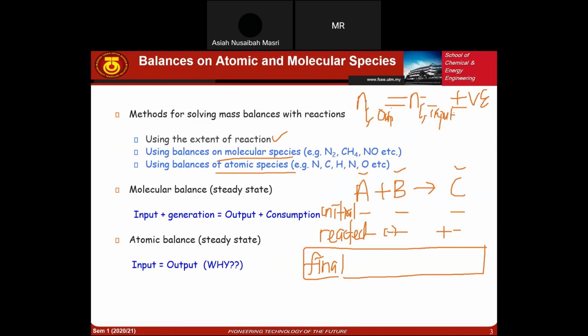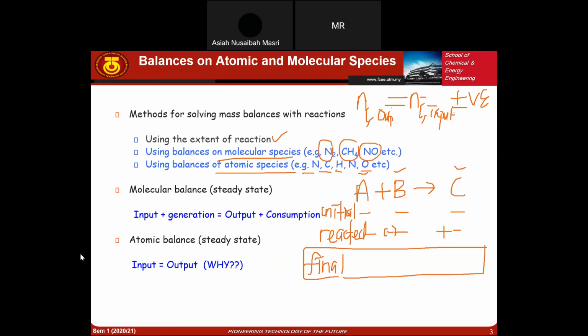That would be, for example, only N for nitrogen, C for carbon, H for hydrogen, and O for oxygen. And what is molecular species? Molecular species is basically a molecule or a compound, like here we have N2, we have methane, CH4, and we have nitric oxide, NO.